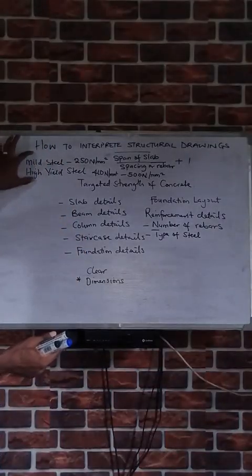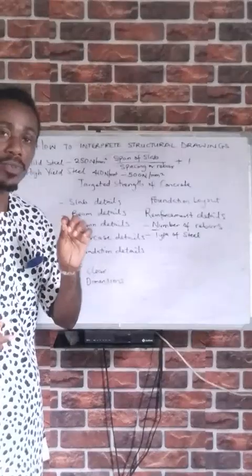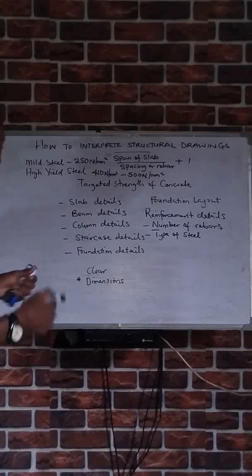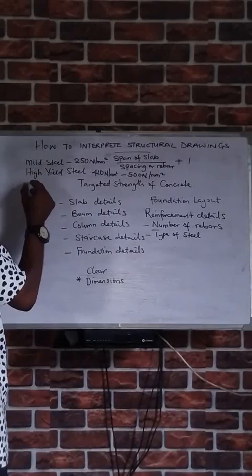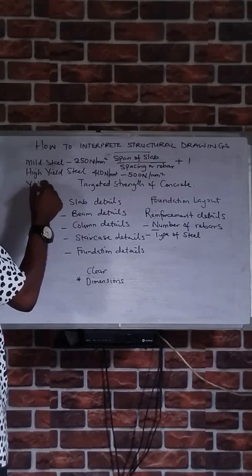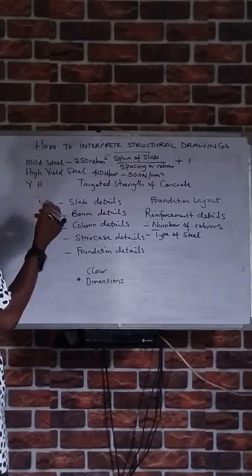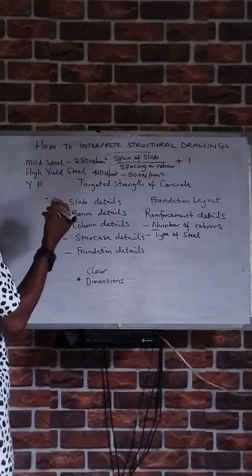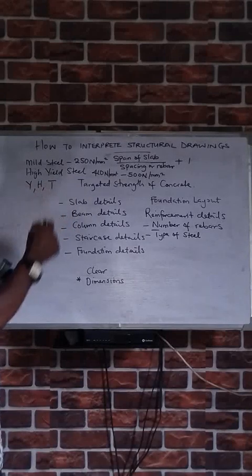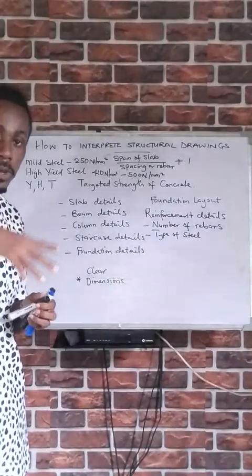Then also the type of steel we must look out for in our structural detail, because it's always specified there. In some cases, for our high yield steel, we can use Y, we can use H, okay, we can use H in some cases, all right. We can also use T. Now either of these is based on your location.